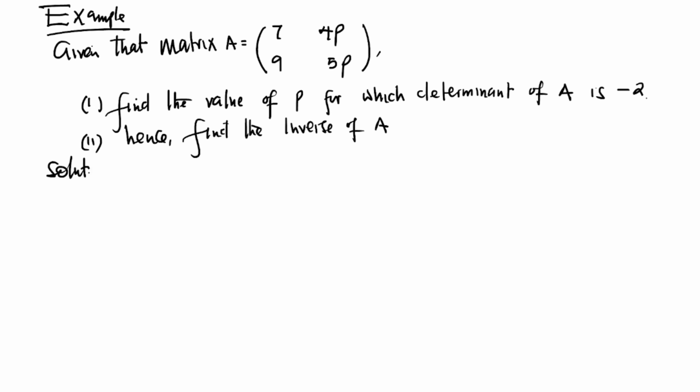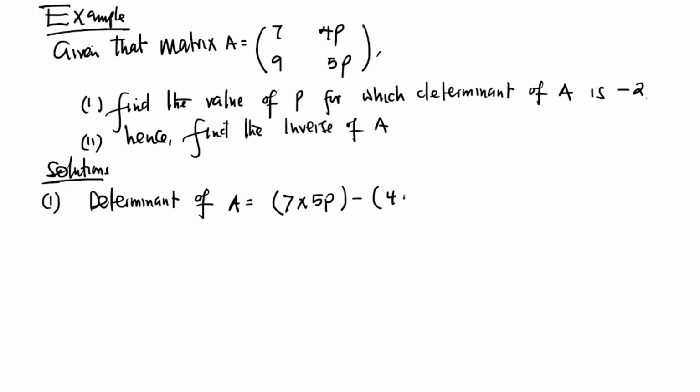Solutions. We're going to say that determinant of A is equal to 7 multiplied by 5p minus 4p multiplied by 9.